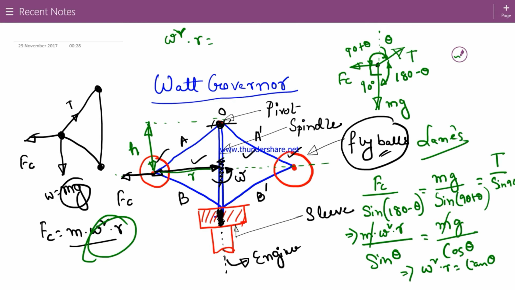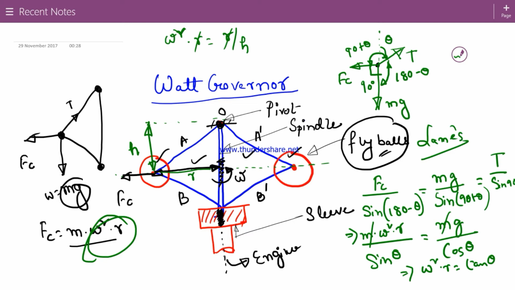So in place of tan theta we put r by h, and we can cancel r.